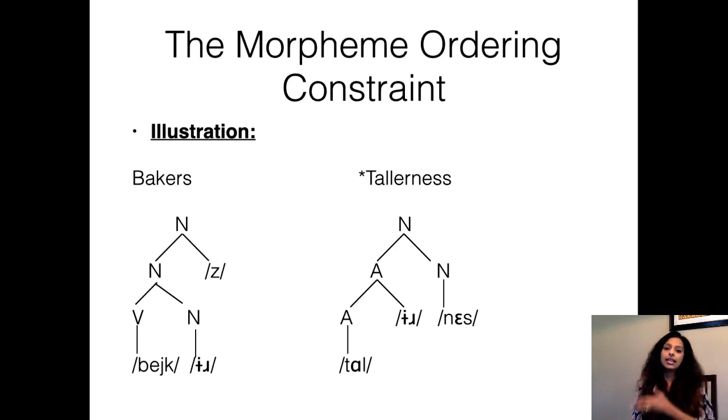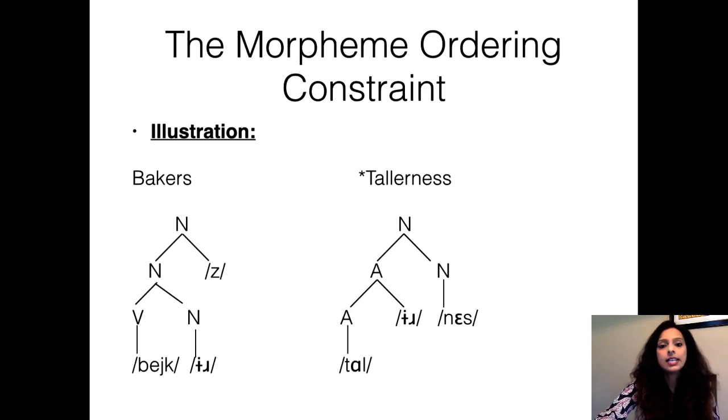So tallerness is not a possible option because after attaching the inflectional morpheme, you cannot attach the derivational morpheme. So let me rephrase what I said about the morpheme ordering constraint. You can attach a derivational morpheme and then attach an inflectional morpheme. But once you attach an inflectional morpheme, you cannot attach anything else, like a derivational morpheme.